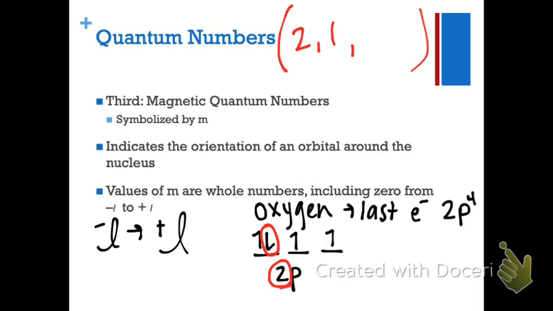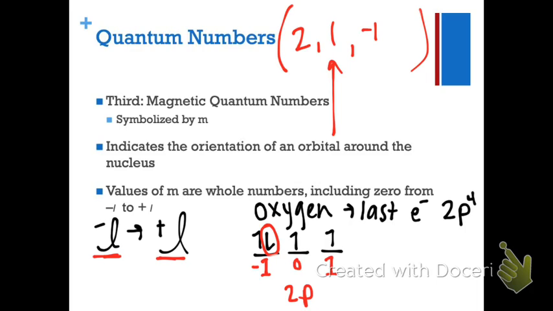The way we find the number that goes with that is, in the 2p orbitals, these values can range from negative L to positive L. Our L value is 1, so we label them negative 1, 0, 1: negative L to positive L, including 0. So the number that corresponds with this version of the p orbital is negative 1.